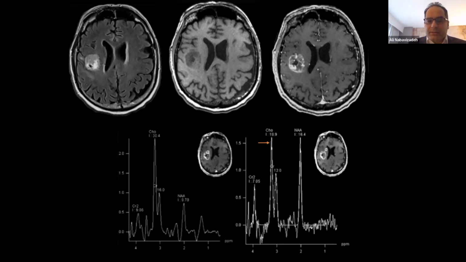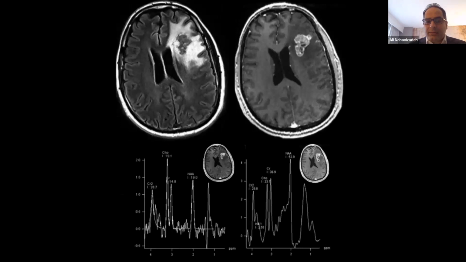In this patient, you can see that the voxel from a multi-voxel MR spectroscopy located over the enhancing component of the tumor shows marked elevation of choline to creatine, decreased NAA, and the voxel located in the white matter surrounding the tumor still shows elevation of choline to creatine, which indicates that the tumor goes beyond the enhancing component.